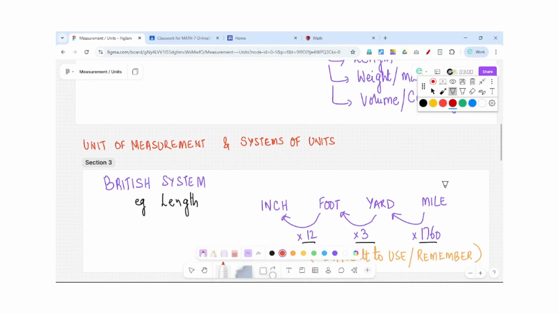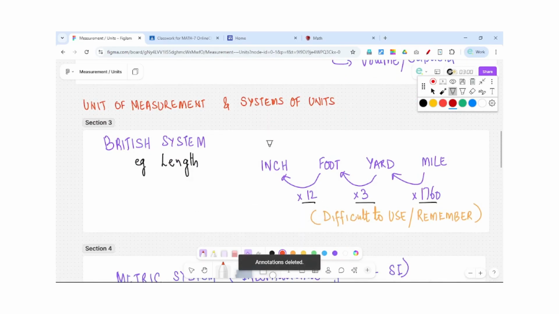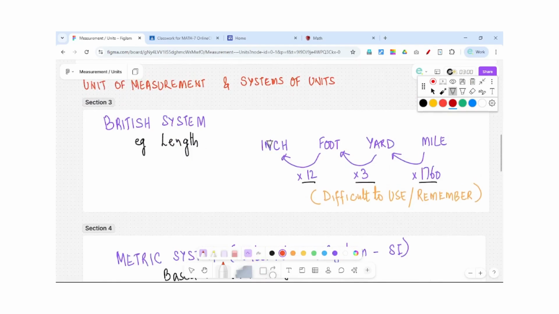Let's talk about units of measurement and the different systems of these units. In earlier times, a few centuries back, when the British Empire was ruling in many countries, we had a British system, because the British system was predominant and was being used in many countries.